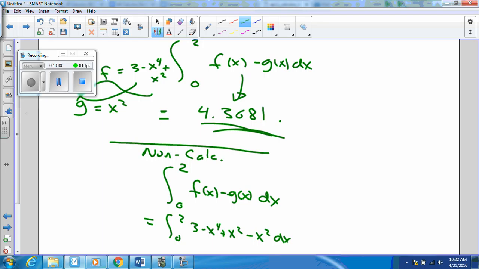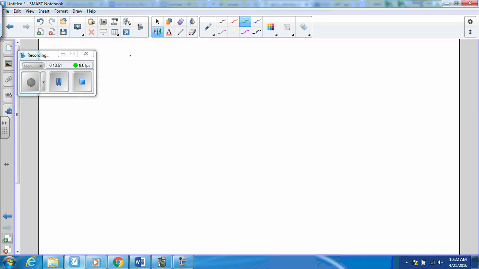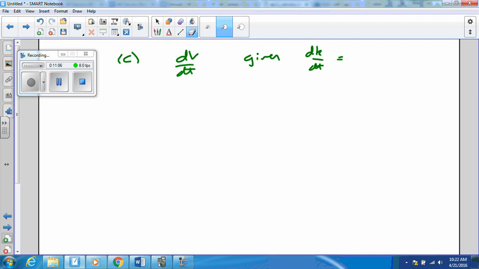Okay, so we found the volume of the solid in terms of k. Part C asks us to find dV/dt given that dk/dt is equal to 1/3, and we're supposed to find dV/dt when k is equal to 1/2. The intent of this question is to make sure that you can skillfully negotiate your different variables.